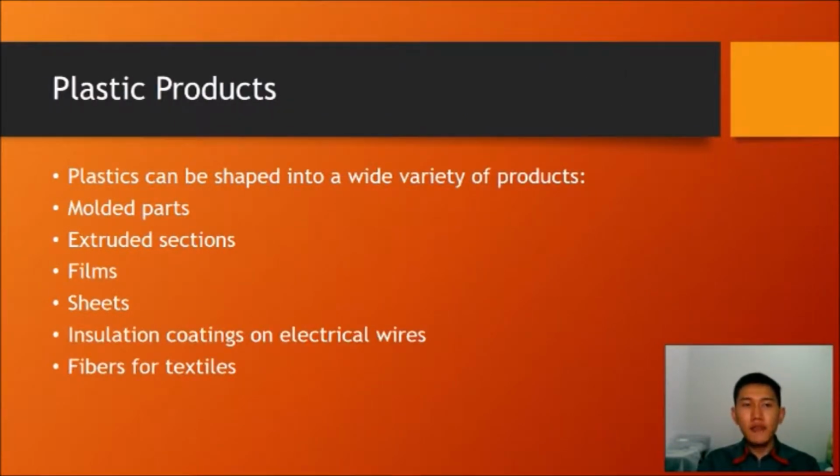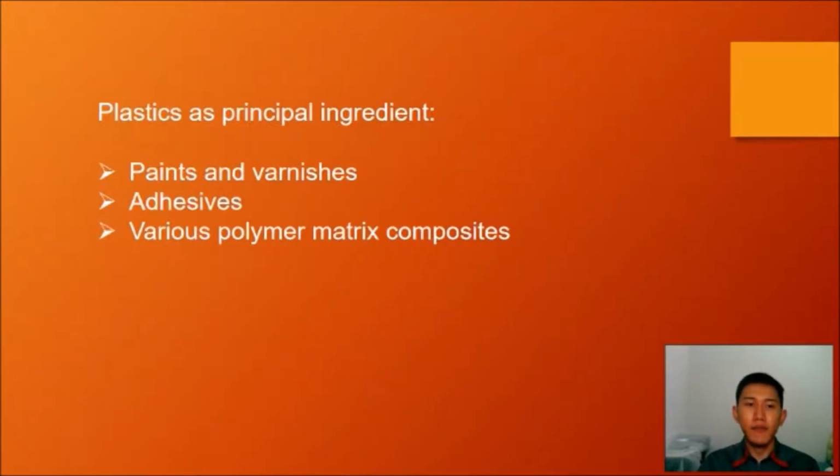There are several types of plastics products. Some of them are molded parts, extruded sections, films, sheets, insulation coatings on electrical wires, and fiber for textiles.